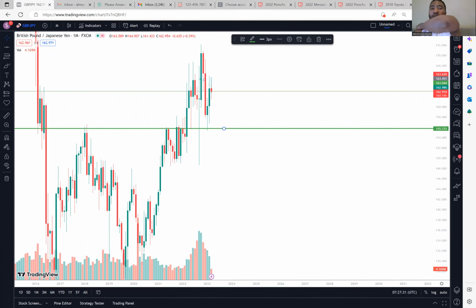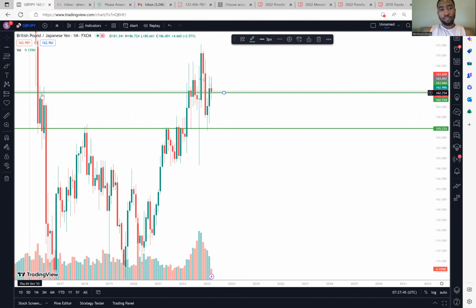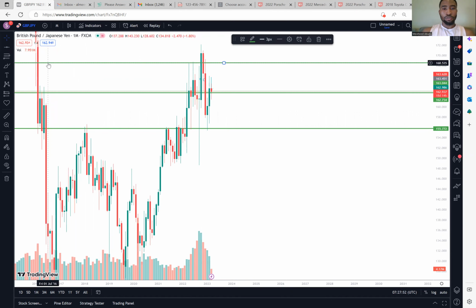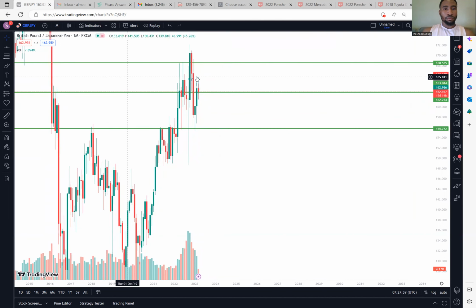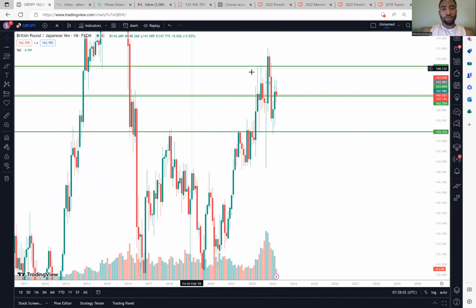Okay. So we saw that the market retested this zone multiple times, and then we have another one right here, which is where the market currently is. I'm just trying to analyze from zone to zone. Coming here, we can see the reason why the market rejected from this area.